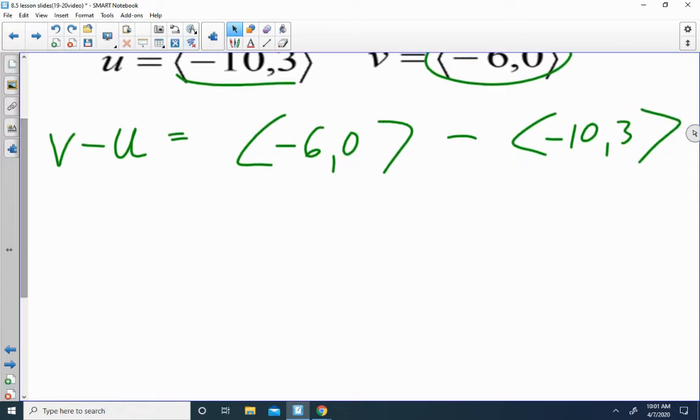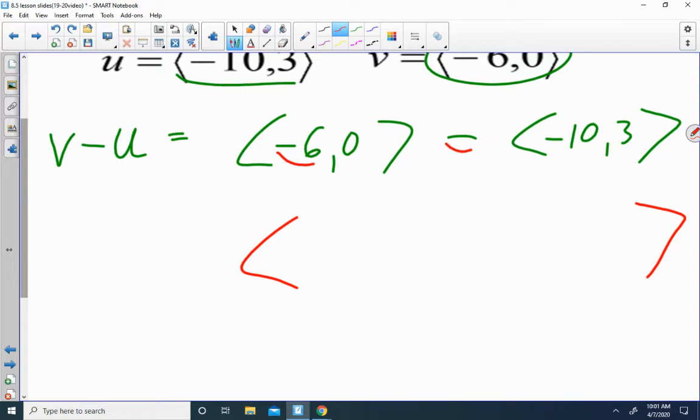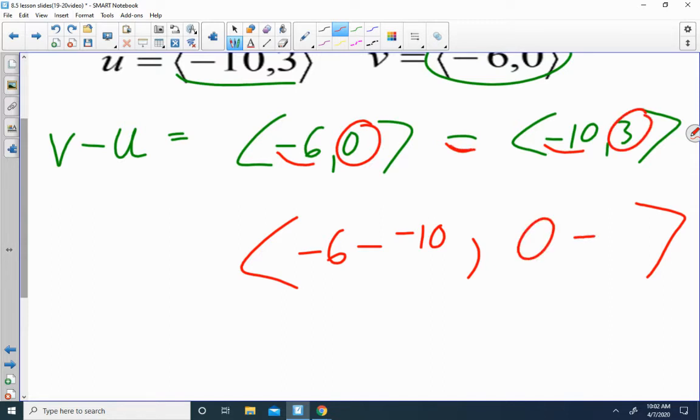All right, so now, again, subtraction is one of those that's really difficult for some kids. So first, let's do -6 minus -10. That's what we're going to do in the first one. The second one, we're going to do 0 minus 3.